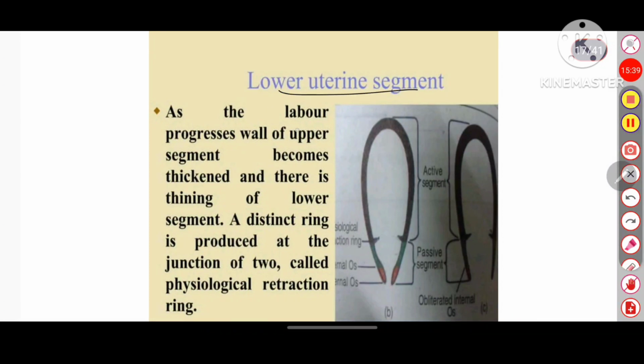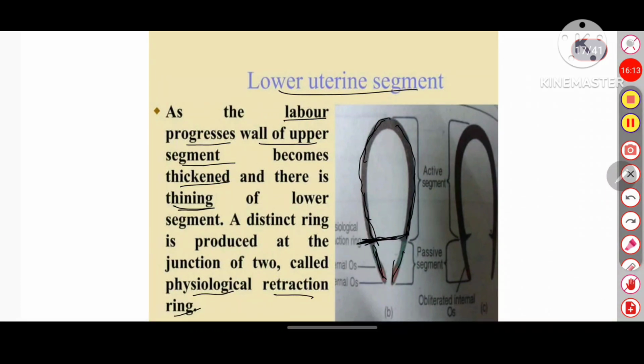As and when the labor progresses, the upper wall of the segment becomes thickened, whereas the lower segment becomes thin. As you can see here, the upper segment of the uterus becomes thick and the lower segment becomes thin. This makes the division between the upper and the lower segment, and this makes the formation of a ring, which is called the physiological retraction ring.